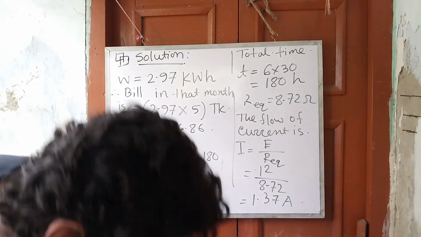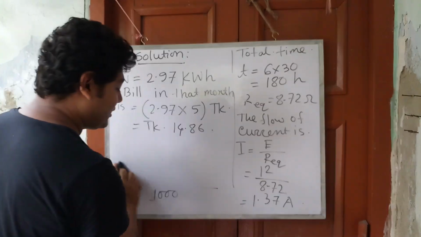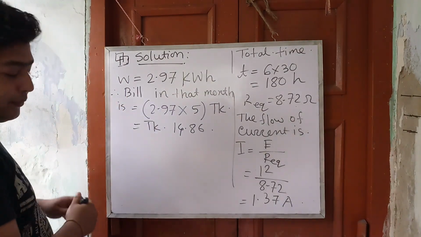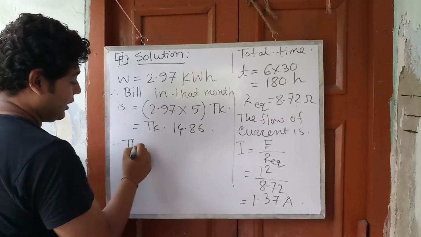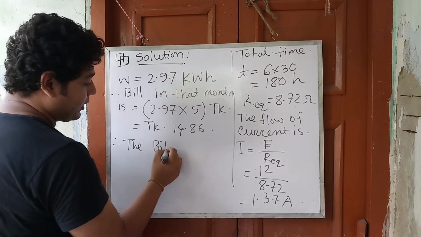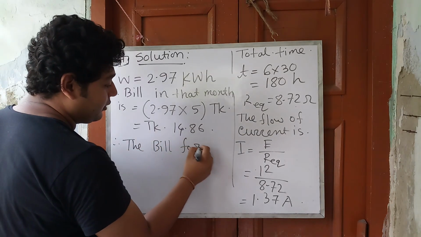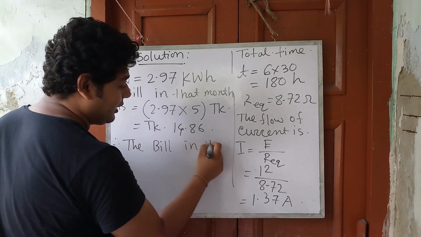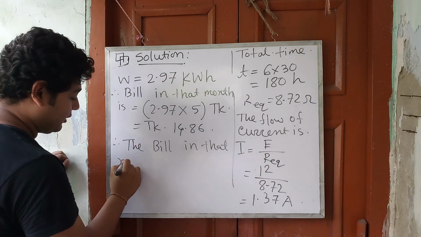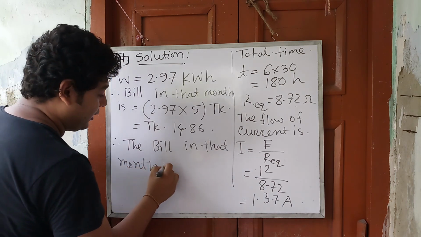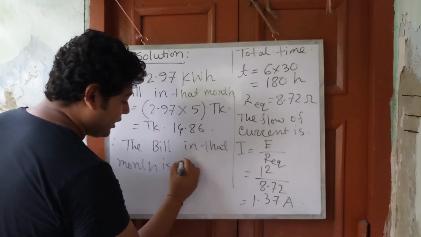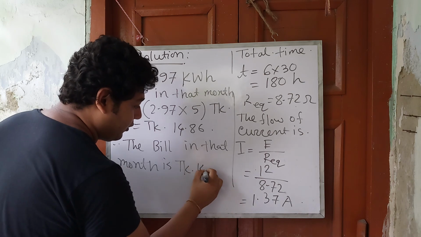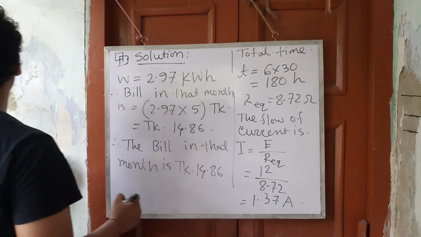Therefore, the bill in that month is taka 14.86.